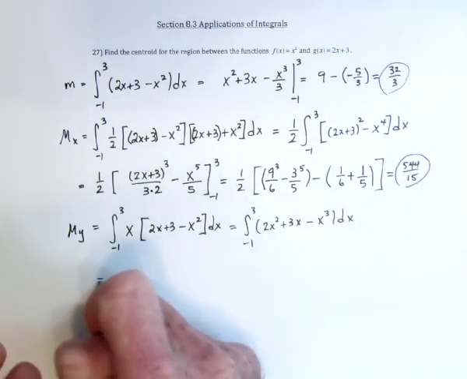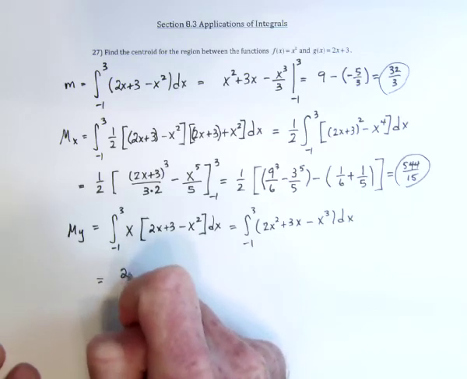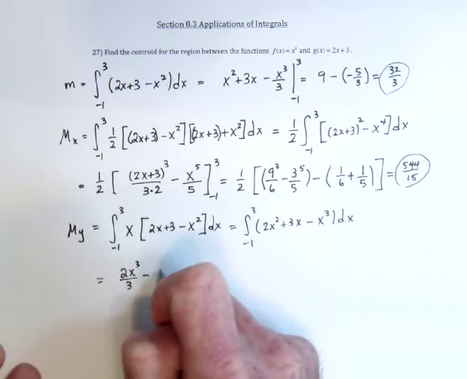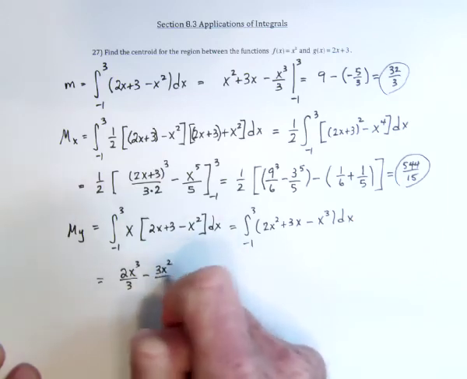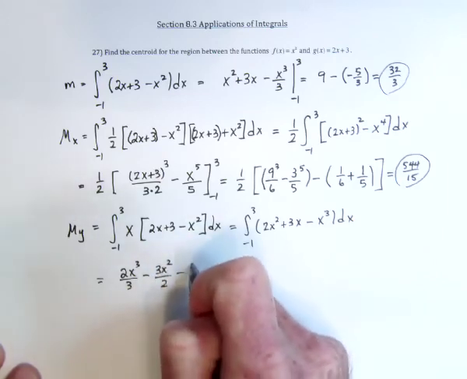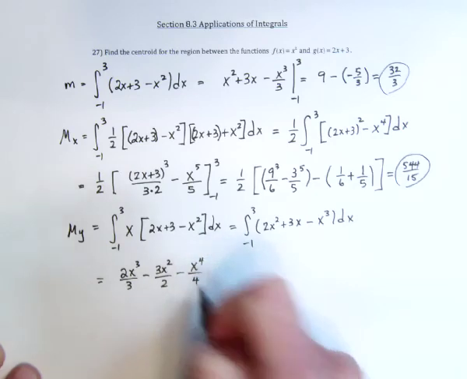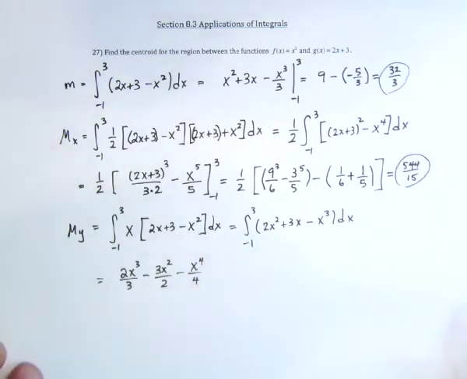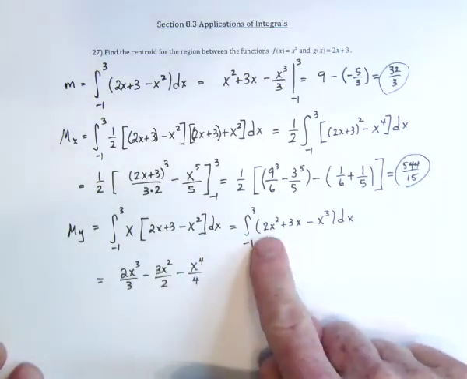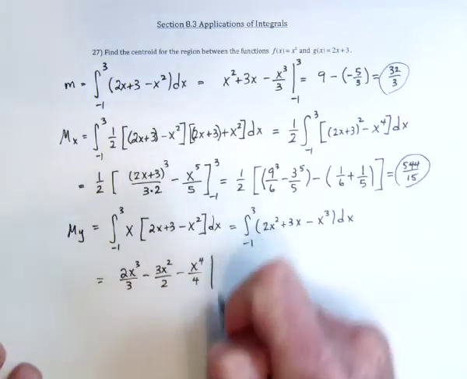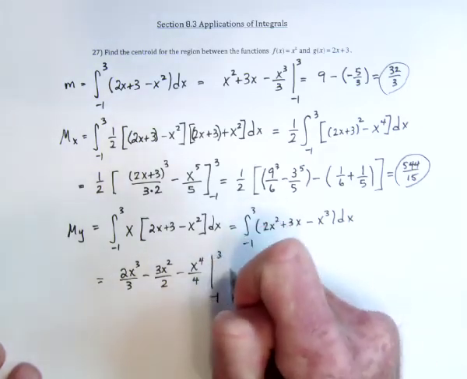The first one is going to look like 2 times x cubed over 3, minus 3x squared over 2, and minus x to the 4th over 4. Double check those. All right. And then evaluate that from negative 1 to 3.